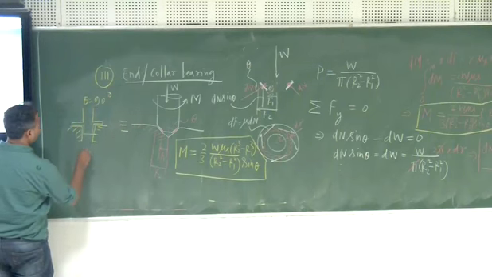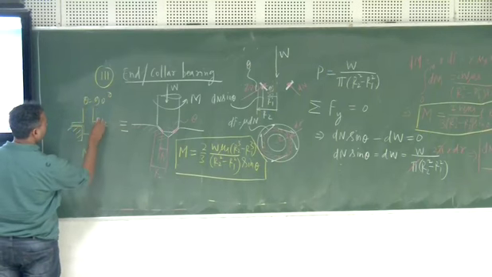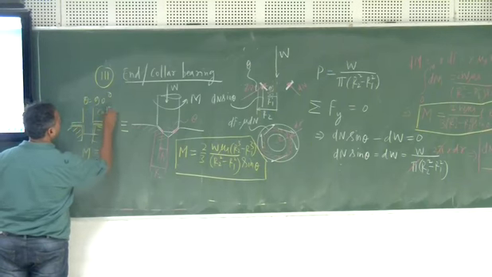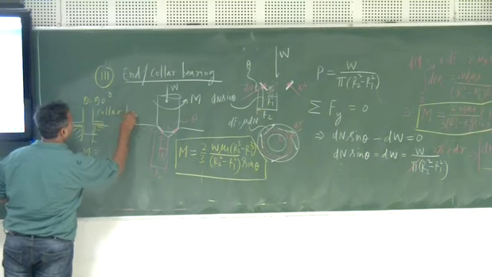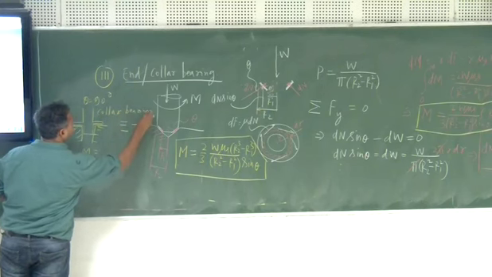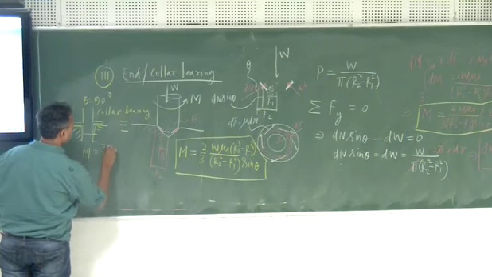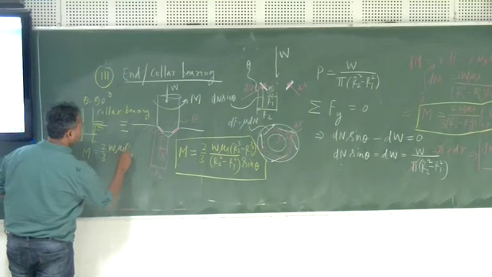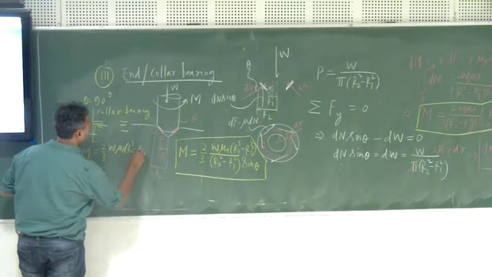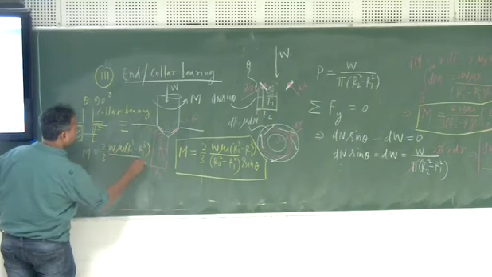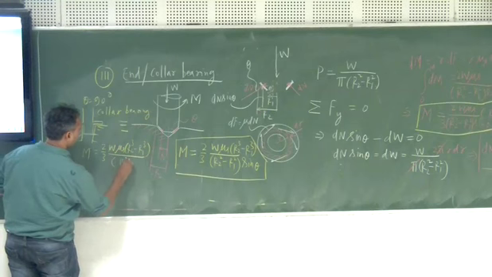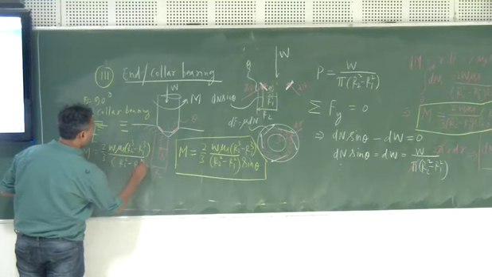So in this case, what will be your M? So this is called the collar bearing. Collar bearing. In this case, what will happen? This expression will become W mu s (r2 cube minus r1 cube) divided by simply r2 square minus r1 square.